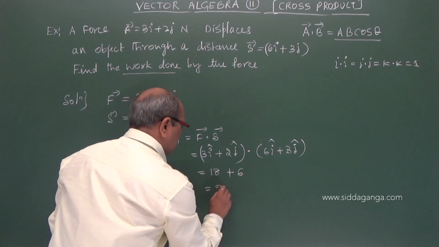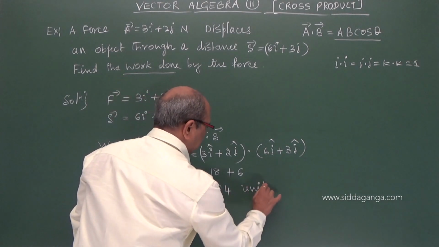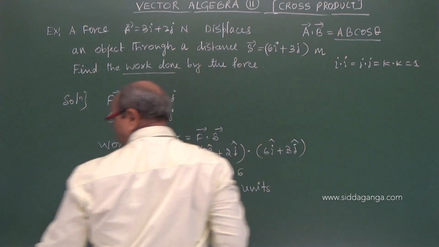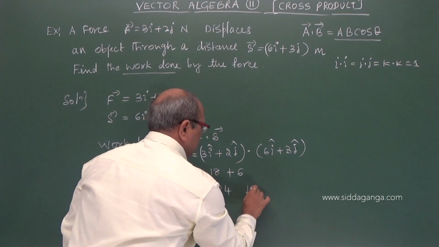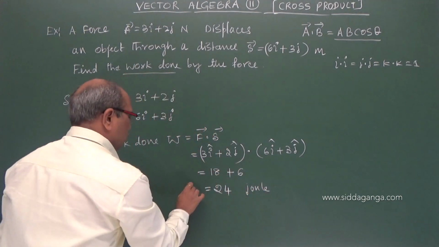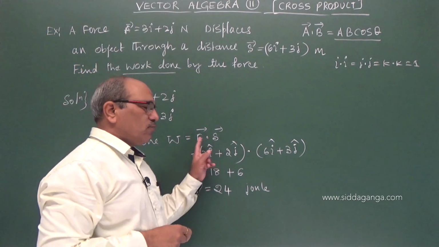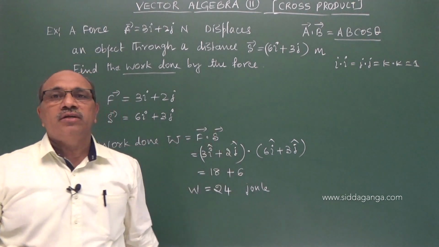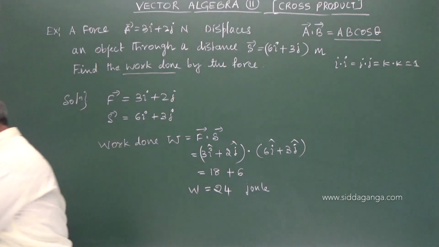So 18 plus 6, totally becomes 24. The units are not mentioned as SI or anything, but force is in Newton and displacement is in meter, no doubt, so I can write the answer in terms of joule. Work done is a dot product of force and displacement. This is one example we have taken, an extension to the concept of dot product. Let's come to another one.